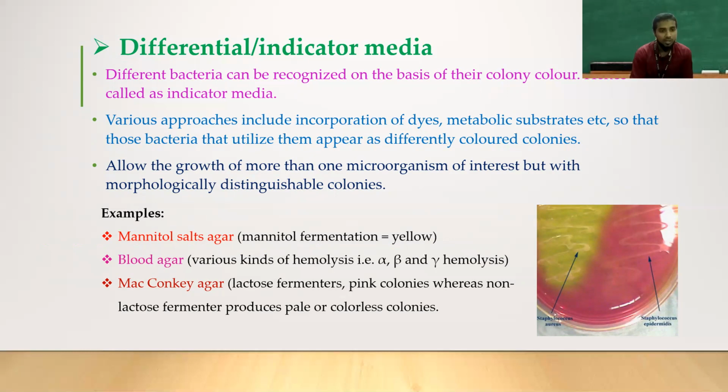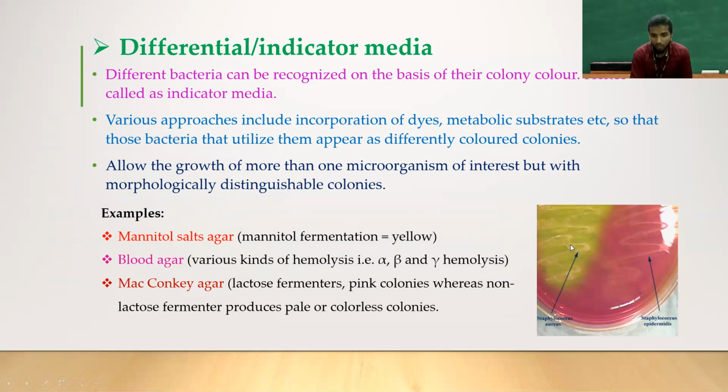So different bacteria can be recognized on the basis of their colony color. Since it is able to differentiate the bacteria based on the colony color, and that different color means it is indicating that a particular bacteria is present, hence it is called indicator media. You can see the image here.